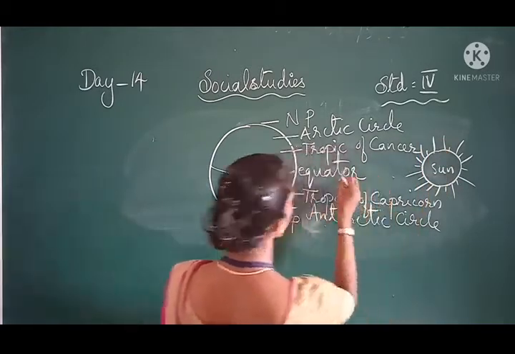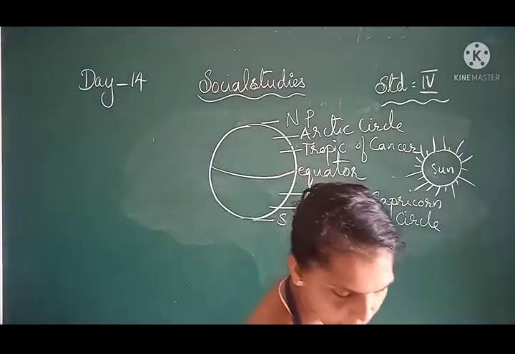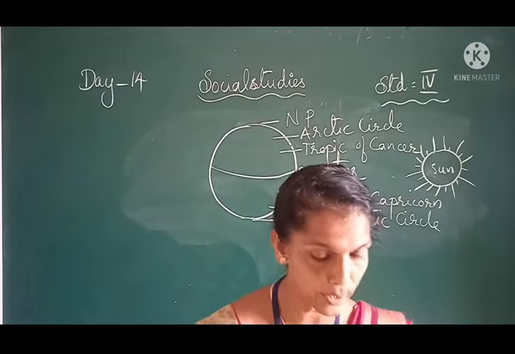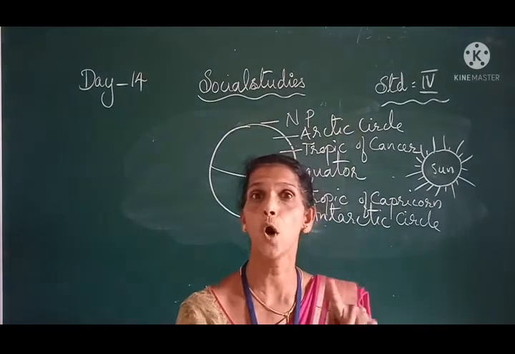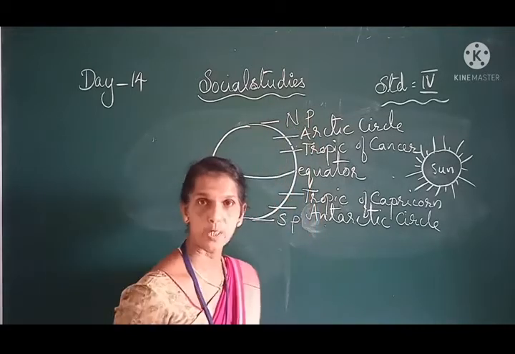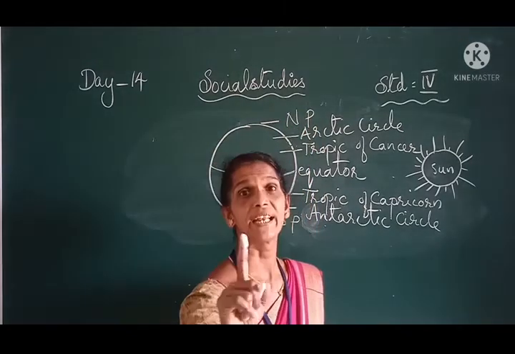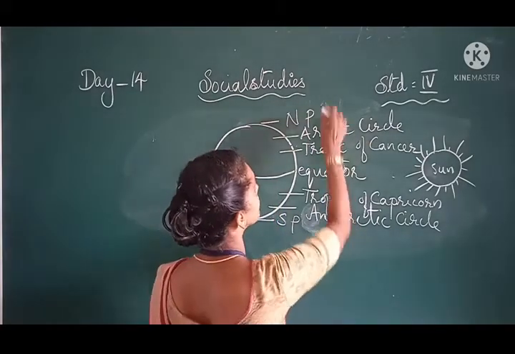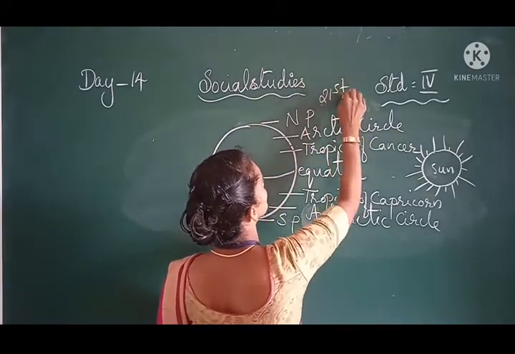21st June. See the sun's rays on 21st June. That is, when the North Pole is towards the sun, or when the North Pole is nearer to the sun on 21st June.